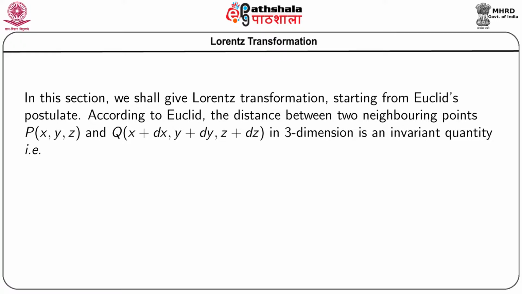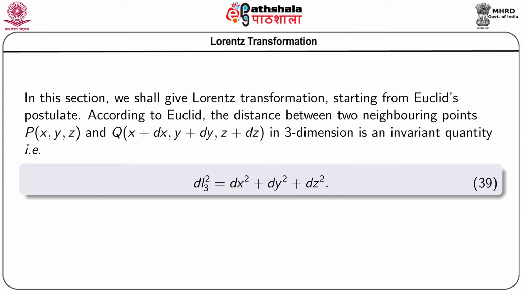From Euclid's postulates, we know that the distance between two neighboring points whose coordinates are P(x, y, z) and Q(x plus dx, y plus dy, z plus dz) in 3 dimensional space is an invariant quantity.